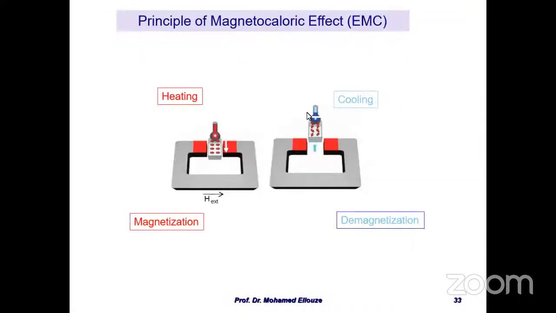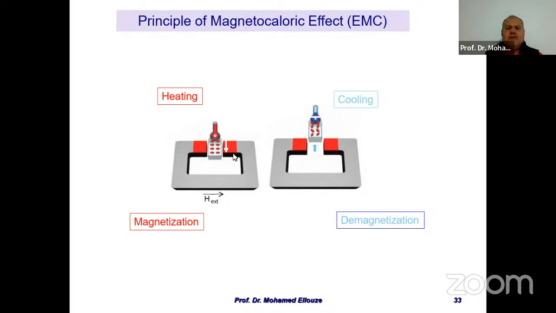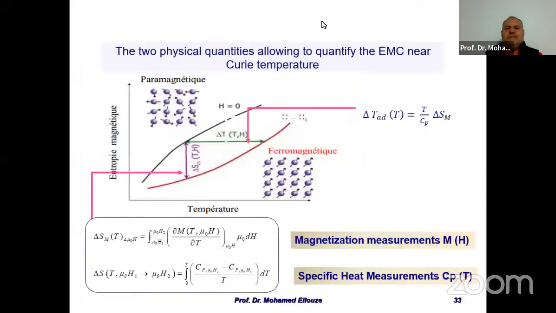So here is the principle of the magnetocaloric effect. When we apply a magnetic field, we have heating, so we have magnetization. Then when we suppress the magnetic field, we have cooling. And these are the two physical quantities used to calculate the magnetocaloric effect.